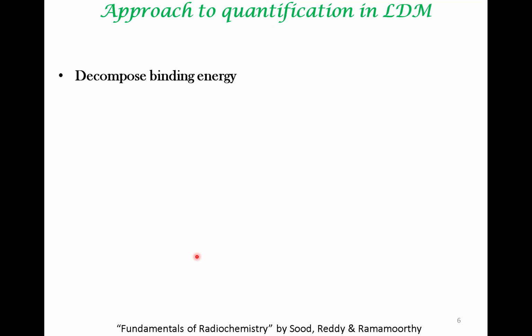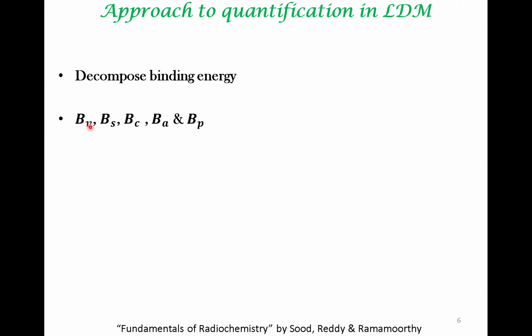So the way we want to look at this is you decompose the binding energy. What do we mean by that? If you consider the nuclear matter to be like a liquid, there is a binding energy associated with the volume, that is the inner part of the nuclear liquid, because the surface has lesser coordination compared to the bulk.